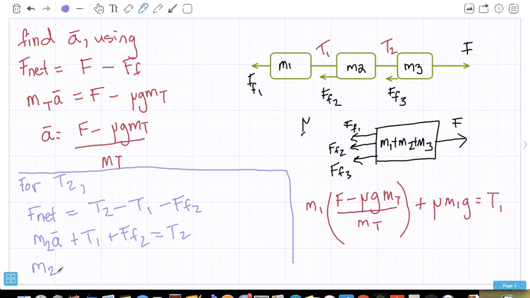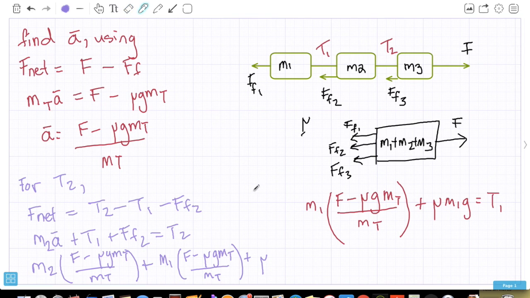And so we get M2 times F minus mu G MT over MT plus T1, which is this, so M1 times F minus mu G MT over MT plus mu M1G, plus FF2.